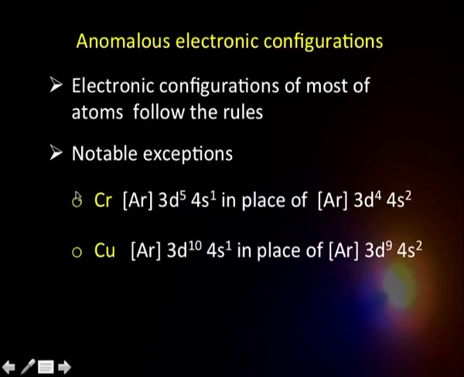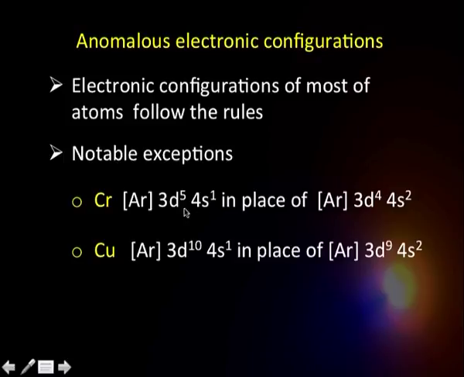Now, let us move on to anomalous electronic configurations. What we find is that the electronic configuration of most atoms follows the rules. That means the configuration predicted by the rules and the experimentally observed one match, and there are a few exceptions. Two very important exceptions are chromium and copper. In the case of chromium, the configuration is found to be 3d5 4s1.